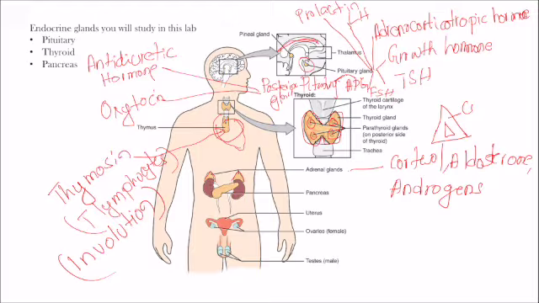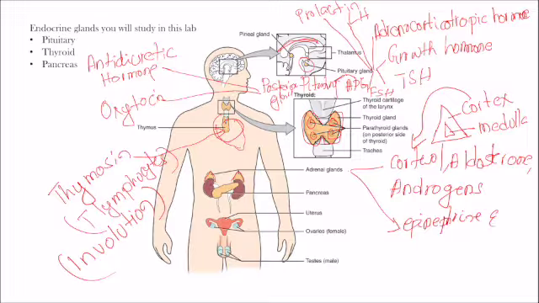This is the adrenal cortex. This is the medulla. The adrenal cortex is the one that produces all these things. The adrenal medulla produces epinephrine and norepinephrine. Okay, this one is by the adrenal medulla.